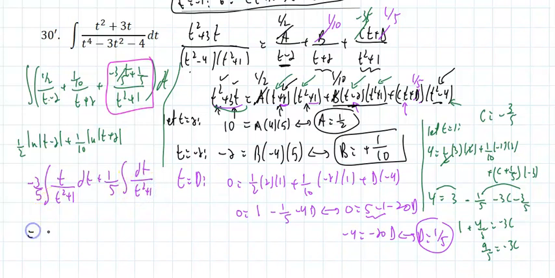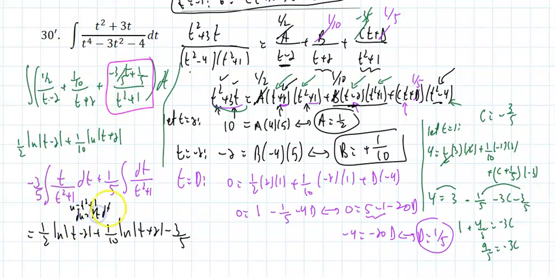So this will be 1/2 natural log of t minus 2 plus 1/10 natural log of t plus 2 minus 3/5. If you let u equal t squared plus 1, isn't du 2t dt? So that will be times 1/2 natural log of t squared plus 1. This, one of those integrals that I need to memorize, is the inverse tangent of t plus c.